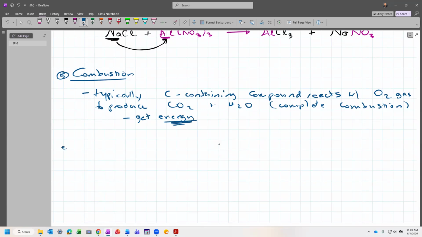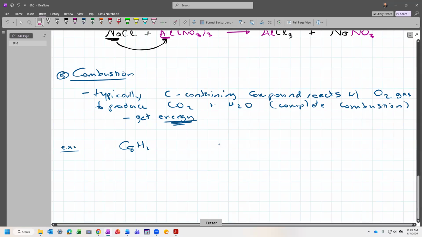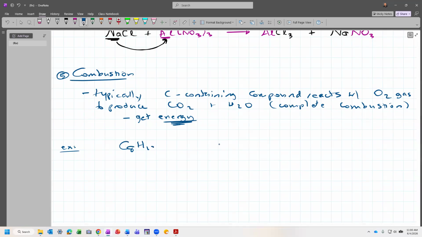So for example, in your gasoline, you have something called octane, which is C8H18. And by the way, at the end of this semester, you will do a little project on organic compounds. You'll see octane. This can react with oxygen.